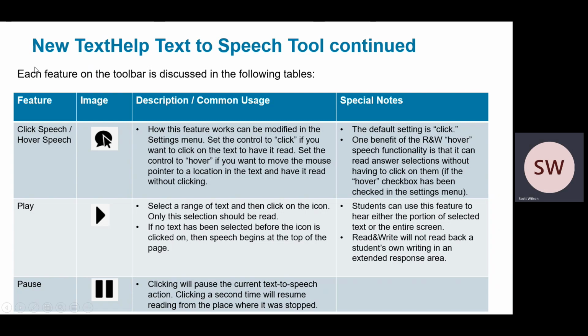Each of the features of that text-to-speech toolbar are listed here. The first feature is the click speech and hover speech. The second feature is the play. The third feature is the pause.